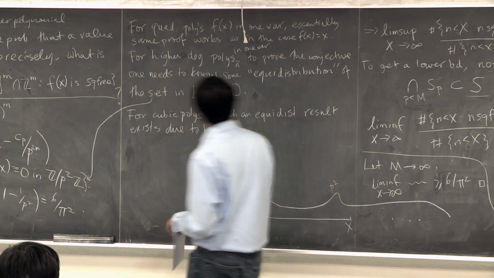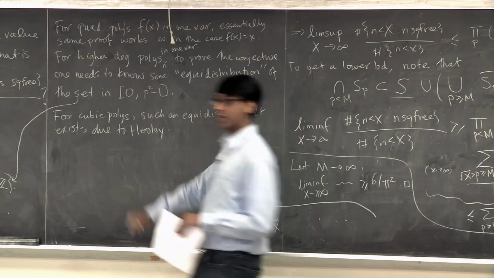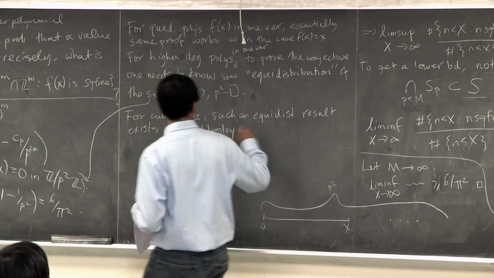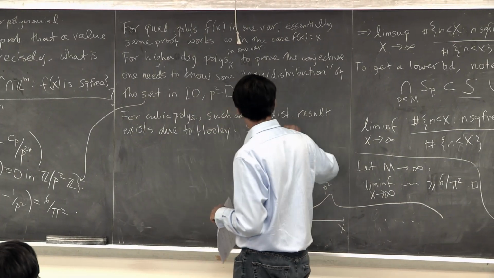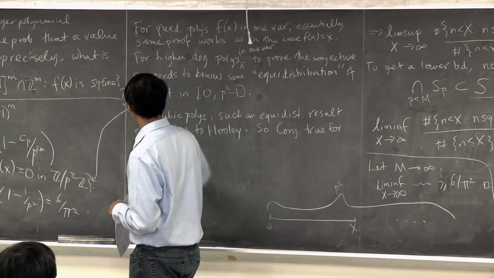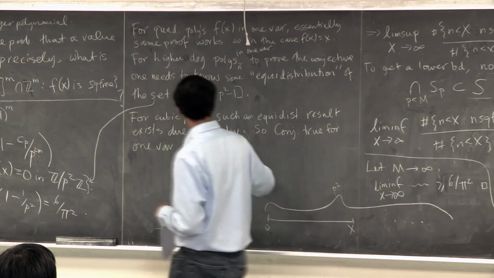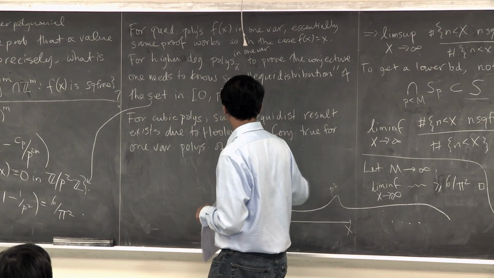And so for linear, quadratic and cubic polynomials, one does know this conjecture in one variable. So the conjecture is true for one variable polynomials of degree less than or equal to 3.